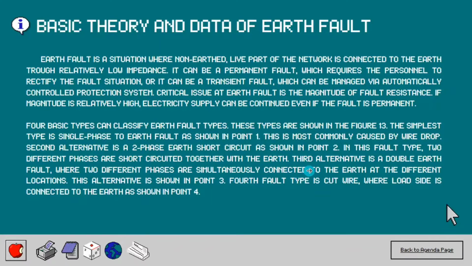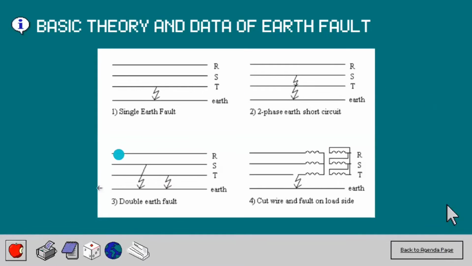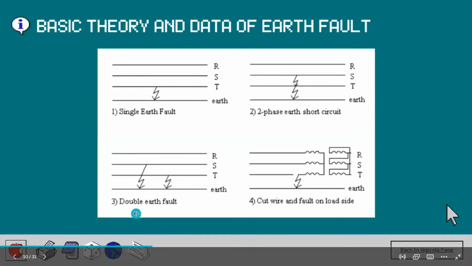And the third alternative is a double earth fault, where two different phases are simultaneously connected to the earth at different locations. So this is the figure of a double earth fault.